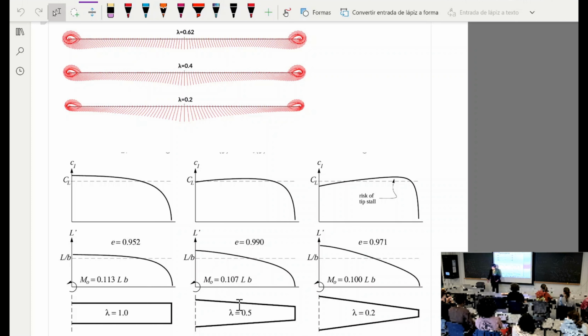When you're doing the homework, you can think a little bit about why that is the case, why a strong backward sweep is going to amplify this effect, making tip stall even more likely if you have a backward sweep, unless you twist the wing.